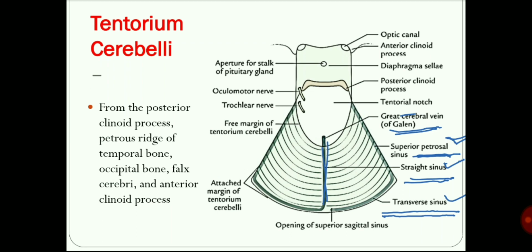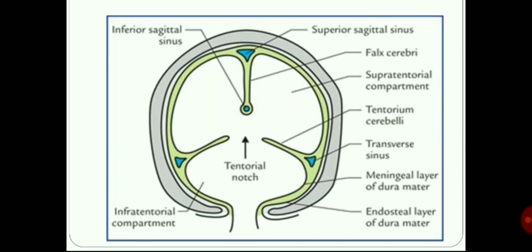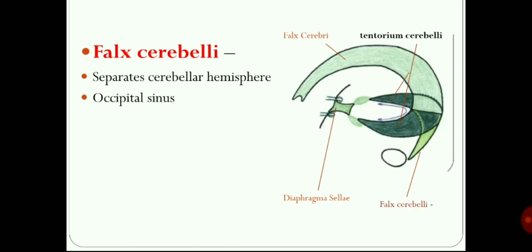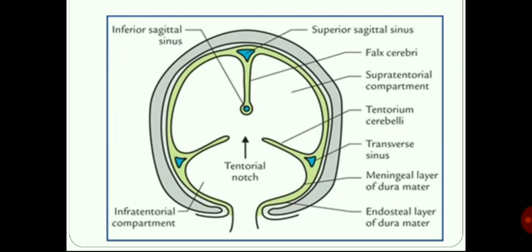Now, here is one of the coronal sections of the region of the cranial cavity. Look at this image, how the falx cerebri and tentorium cerebelli divide the cranial cavity into three major compartments.